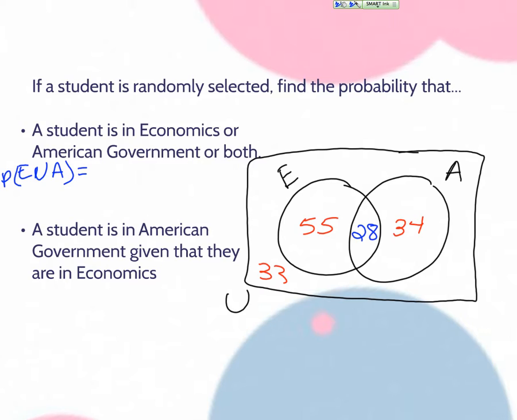So that first formula that we got said that the union is equal to the probability of, well, I'm going to use E instead of A, plus the probability of A minus the probability of that intersection. Keep wanting to put A first. Oops, again, that intersection is an upside down U.